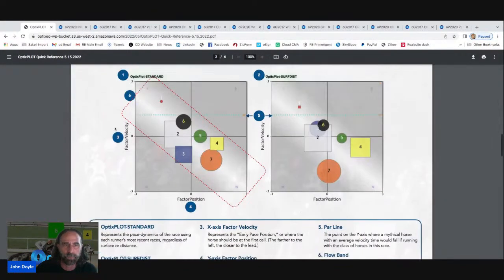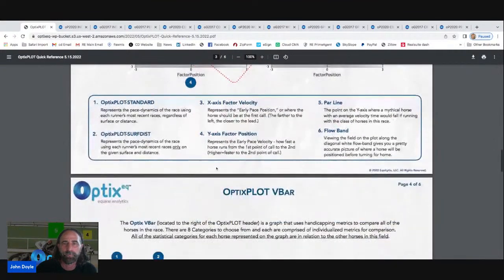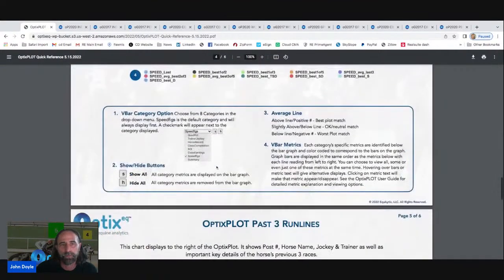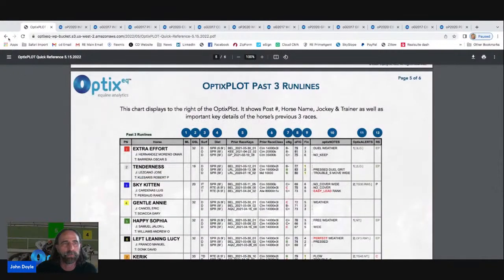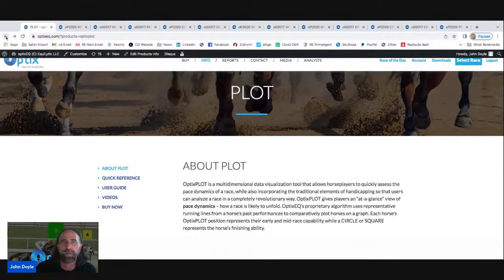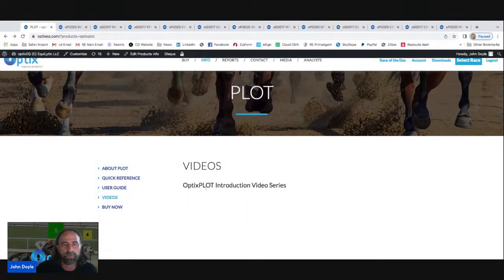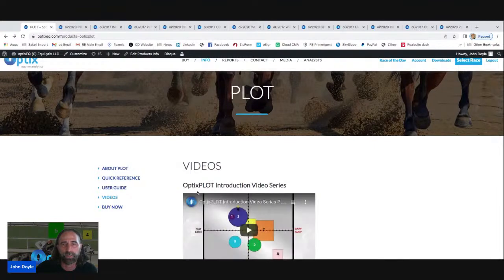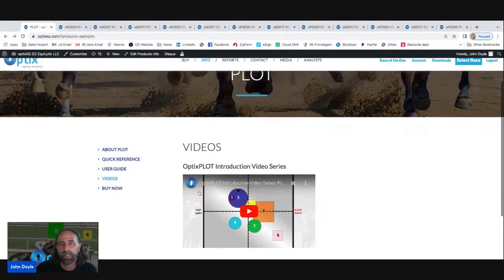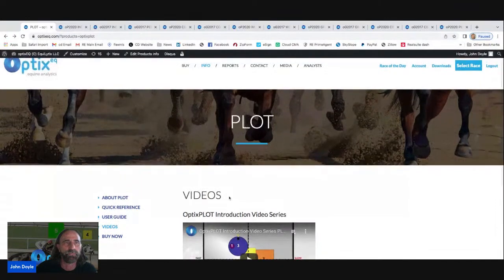We talked about this whole thing about fit and lining up on the white bar, and these V-bars and all the categories. And really a lot of good information. It's a great way to handicap visually versus kind of drudging through data. User guide, and then there's videos here to kind of show you some introductory things, how to read the plot and all the rest. All good stuff.